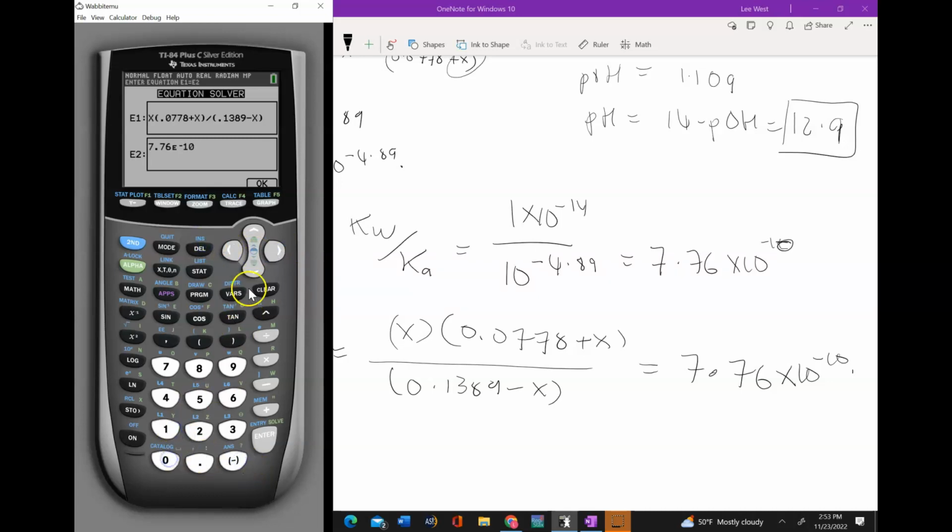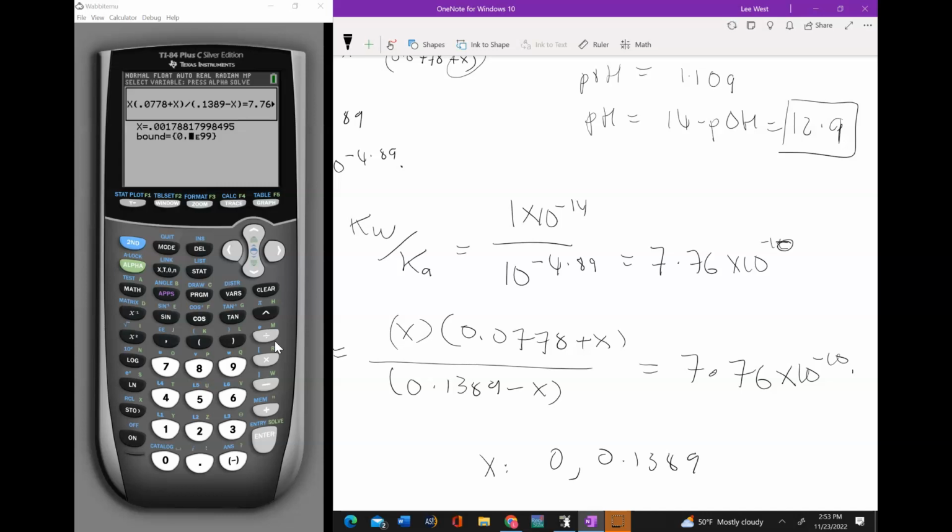Okay, took a while. So setting our bounds here. Lower one is always 0, and in this case, X has got to be between 0 and 0.1389, so that bottom term doesn't become 0. There we go. I'm just going to put this in as 0.07 because that's about in the middle of that range. I'm going to solve it.